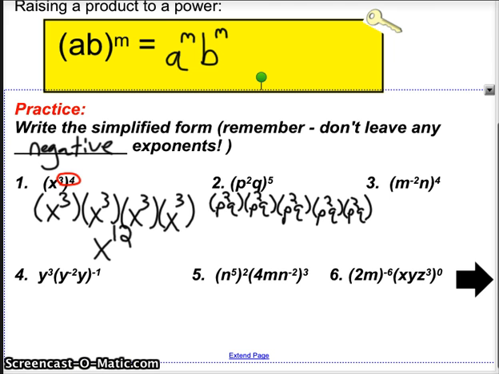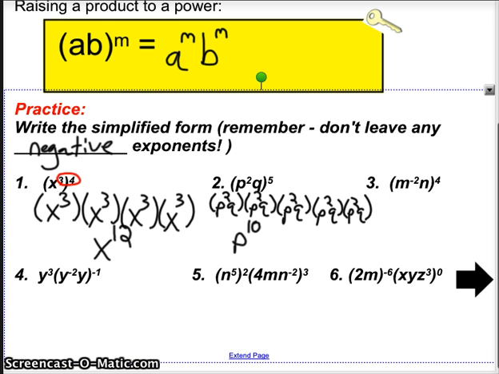Or you can use our new multiplication rule. So P squared to the 5th power, 2 times 5, we're going to have 10 of those. Or again, you could have gotten that by counting up: P to the 2, P to the 2, P to the 2, P to the 2, and P to the 2. You could have counted up if you expanded it out, okay?